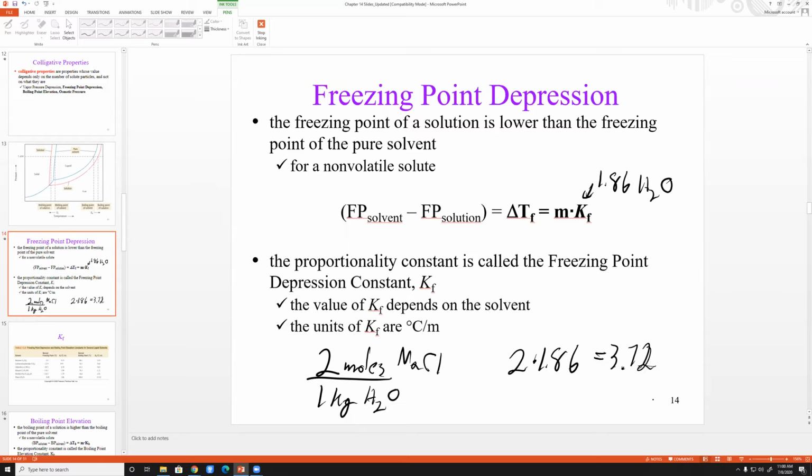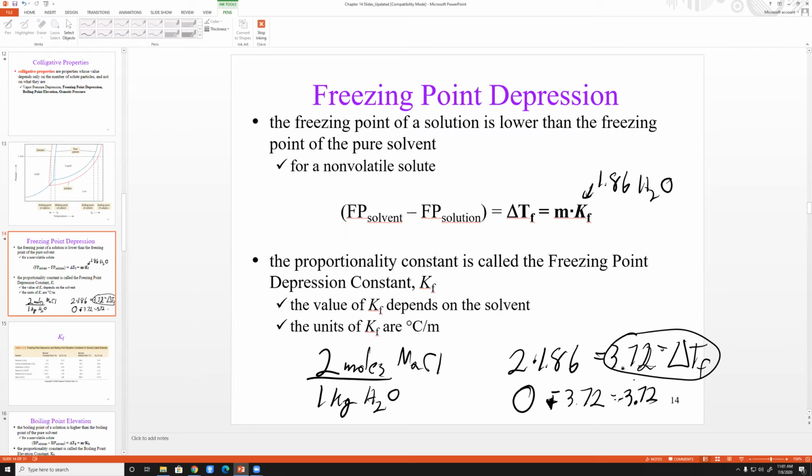All right, so 3.72. This is the change in freezing point. What this means is that the freezing point of water, which is 0, now changes by 3.72. Not increases, sorry, decreases, depression, my bad.